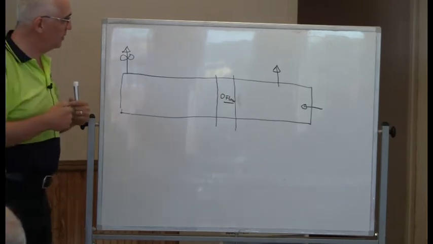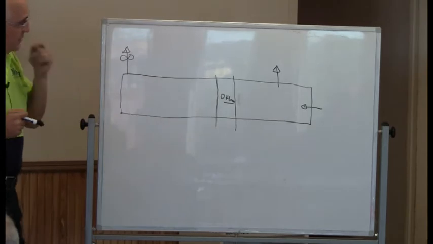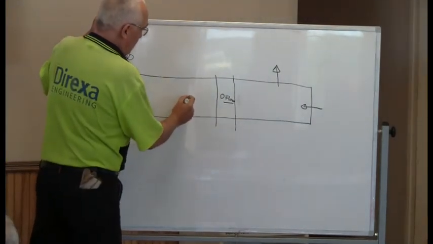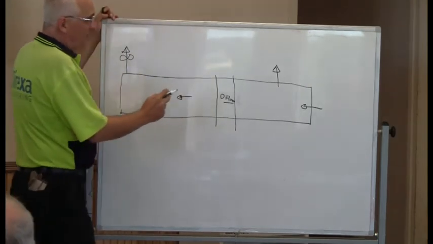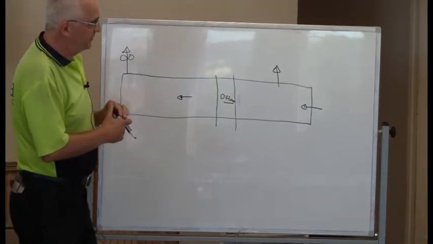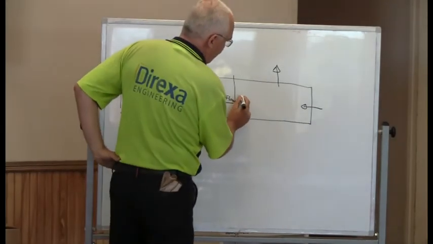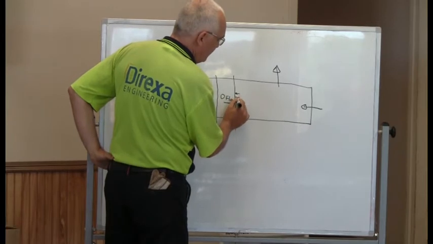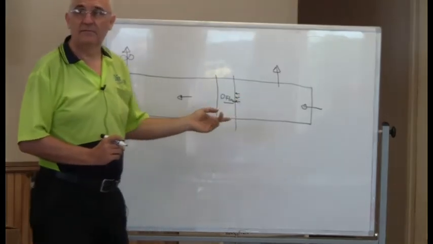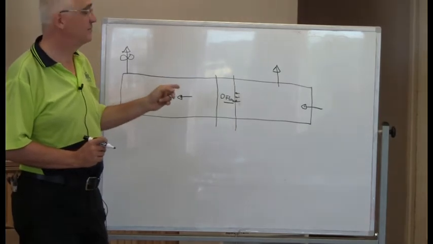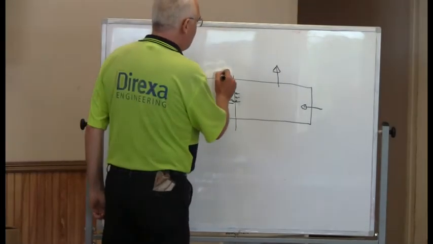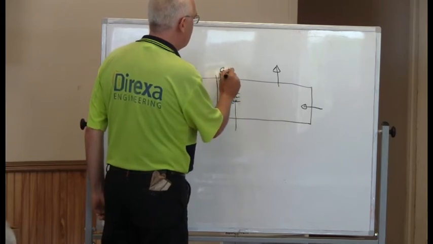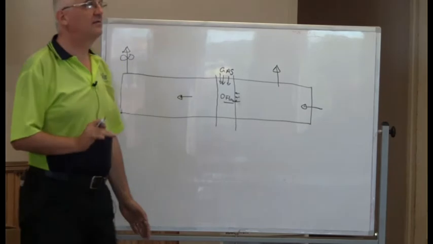So the approach we have for flashing is to say, I'm going to make sure that here I have the least amount of air refreshing, because here I'm supplying the gas, and I don't want the oxygen to be here to burn the gas.